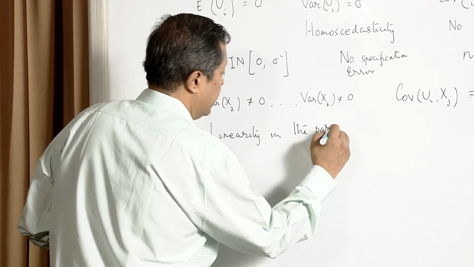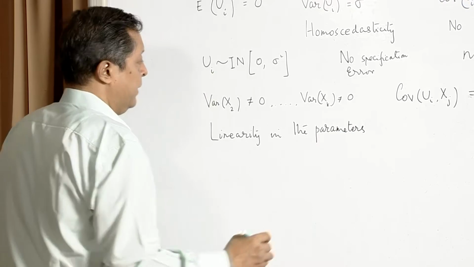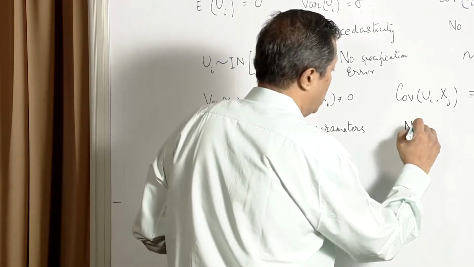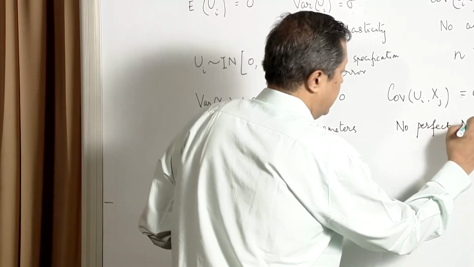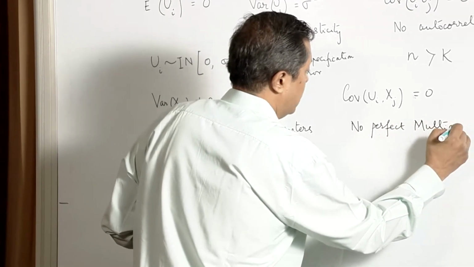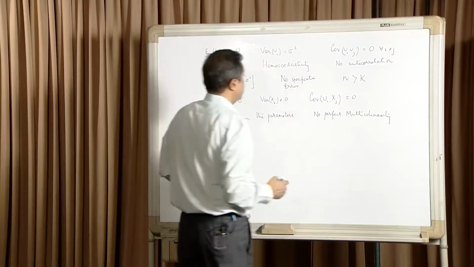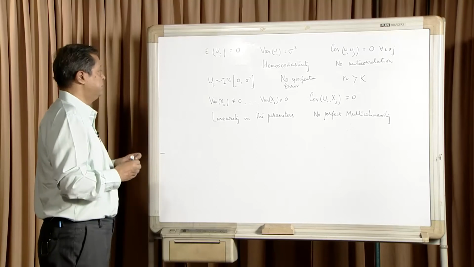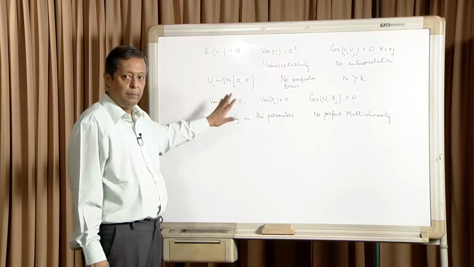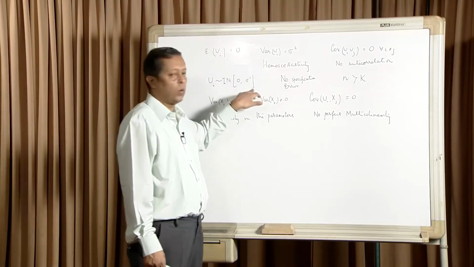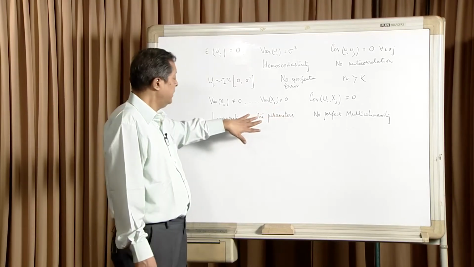We will take some time to explain this, and no perfect multi-collinearity. So, these are the basic assumptions, but I repeat, 1, 2, 3 and 4 are fundamental, the others are ancillary.